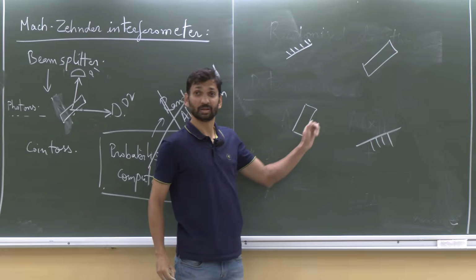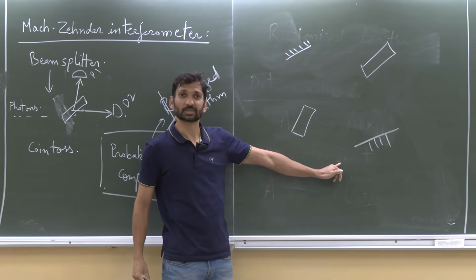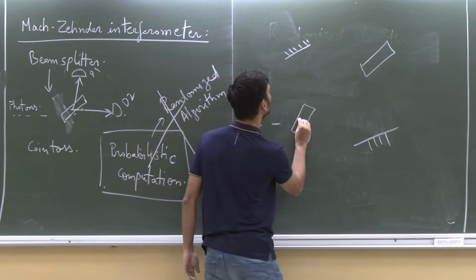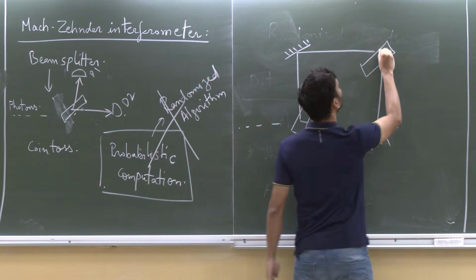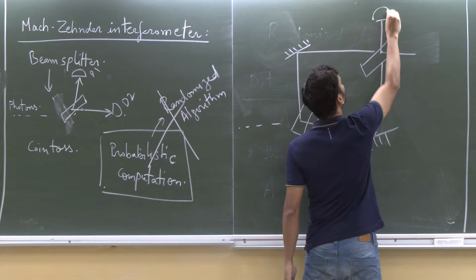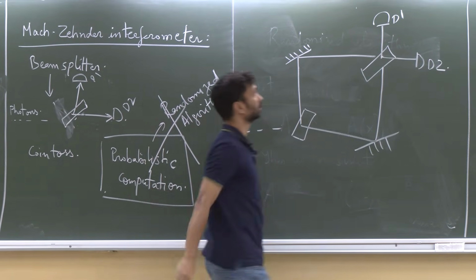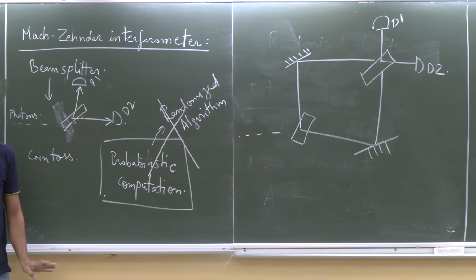These are beam splitters. These are what we call mirrors. They will always reflect. Okay? So if a beam comes through, it can go like this, it can go like this. Sounds good? This is called Mach-Zehnder interferometer.